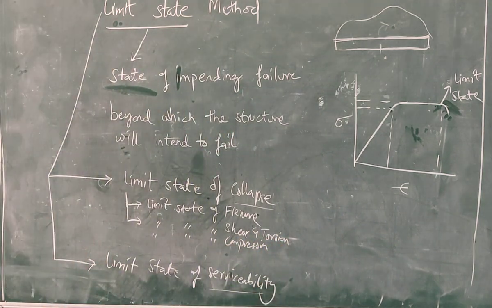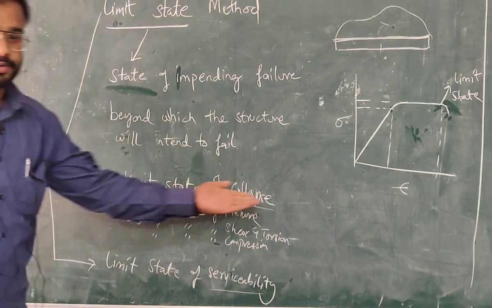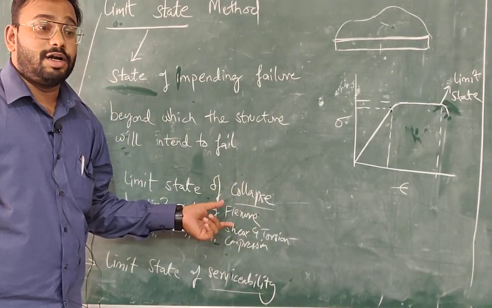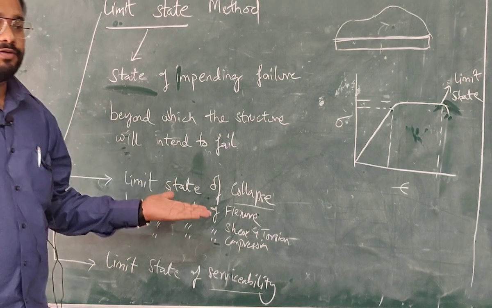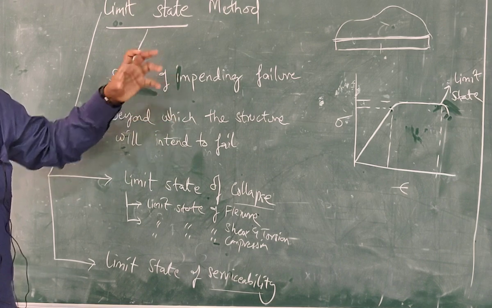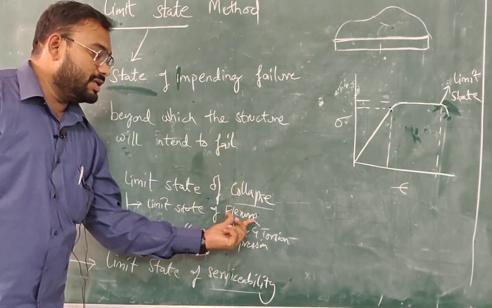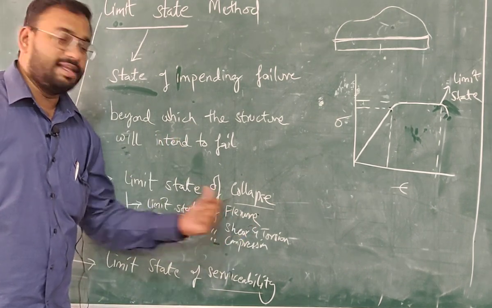These are the further classifications of limit state of collapse. So what do you mean by limit state of flexure? Flexure means bending. On application of load, the beam will deflect and create some bending moment in the beam. Using that bending moment, you will design how much reinforcement is required in the beam, what size and what reinforcement is required.